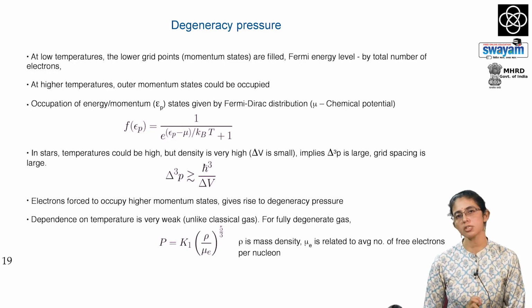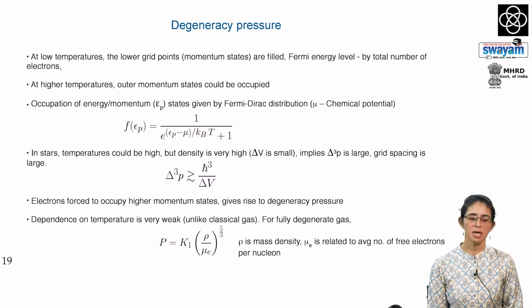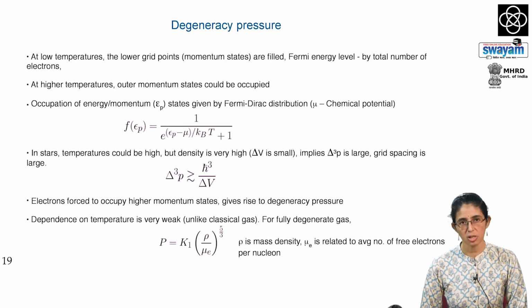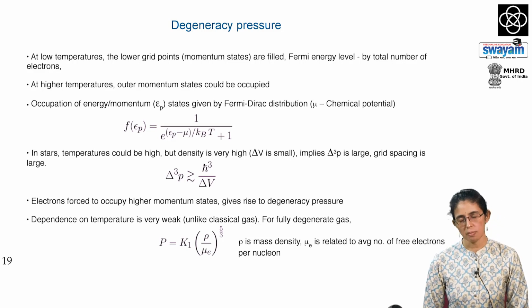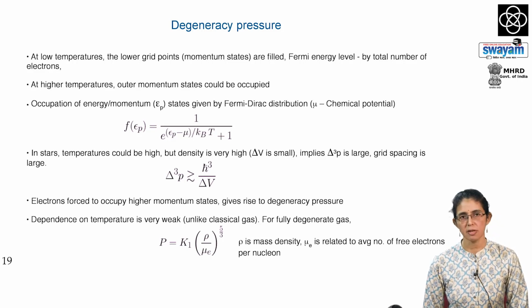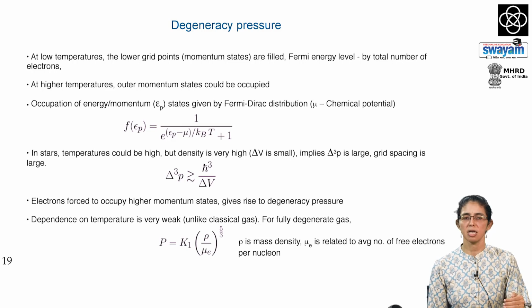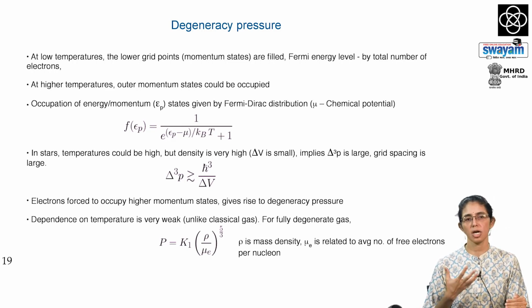What is the consequence of this degeneracy pressure? An important consequence is that the system does not have a feedback mechanism to manage the heat. In a classical or thermal system, as more and more heat is given to the system, the pressure is higher for a gas with higher temperature, this is the thermal pressure.